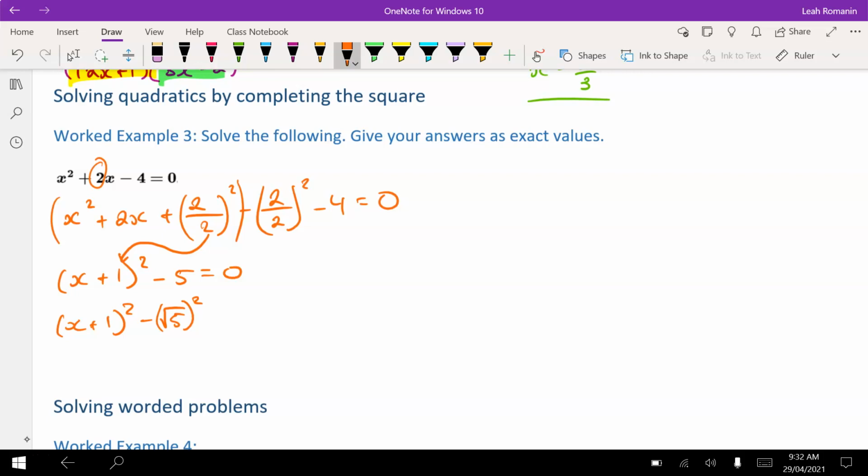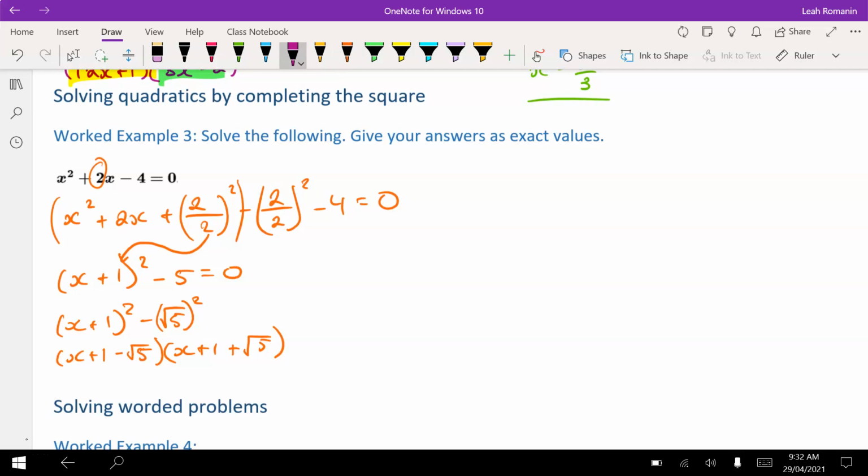So I'm sort of forcing the situation. So then I get x plus 1 minus the square root of 5 and x plus 1 plus the square root of 5. So the same thing I do when I have a difference of two squares, but chucking that square root on that number when it's not a squared number is how you find your way around it.